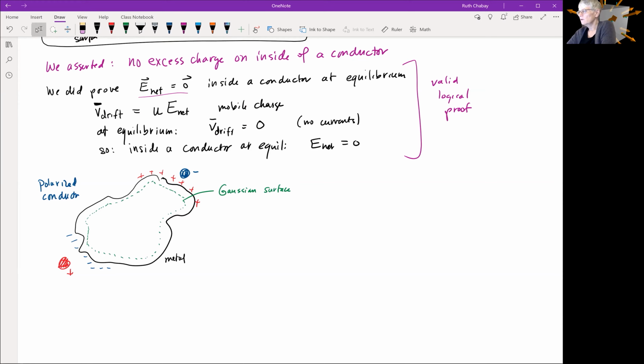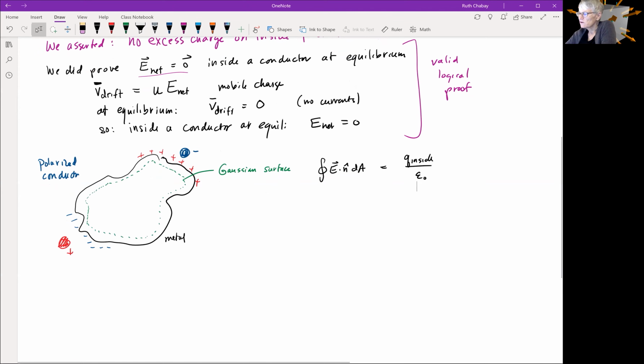And now what we're going to do is apply Gauss's law. Gauss's law says that if we add up the electric flux all over this surface, that should give us the charge inside over epsilon zero. Well, what is the electric flux on this surface? Let's pick some location on the surface here, and we would take some little area element and multiply by E dot n hat.